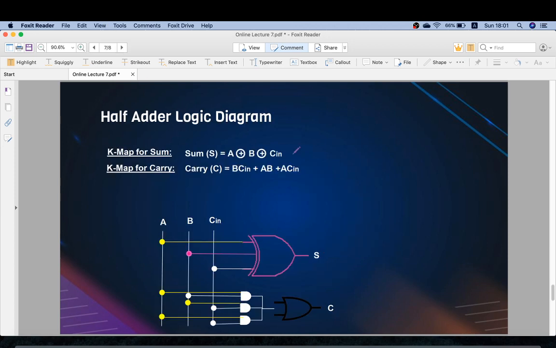Now the final step is to make the logic diagram for the full adder.